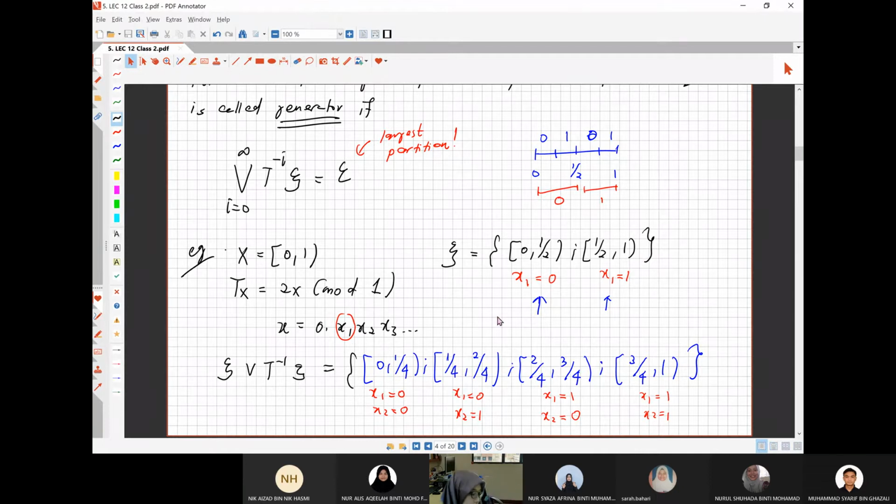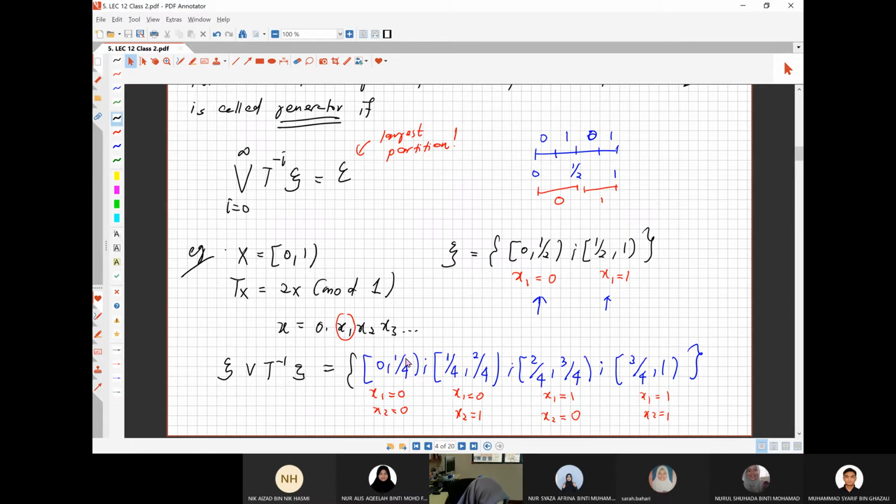Right. So I join this partition. I take the pre-image of the partition, the pre-image between 0 and half, and half and 1. Actually, we are dividing it. For example, 0 to half we divide again into 2, so we have another two elements.